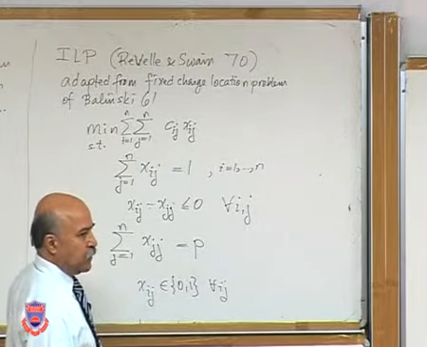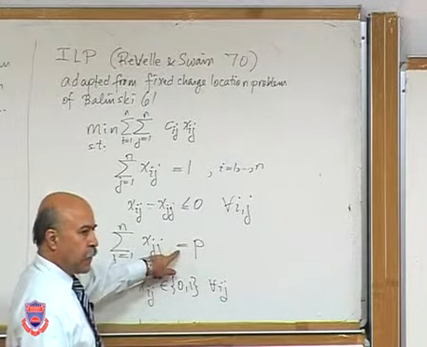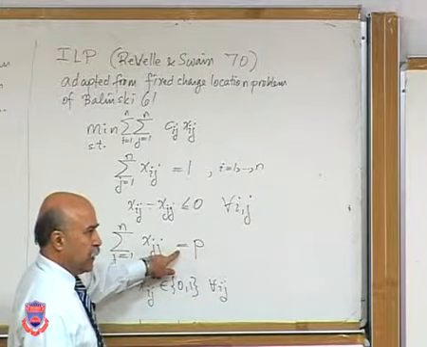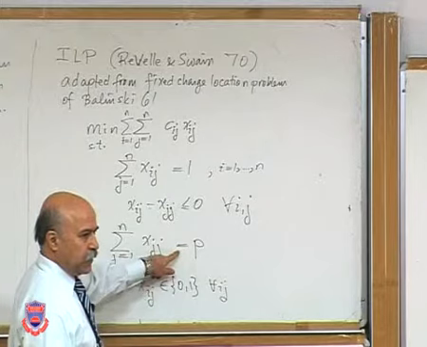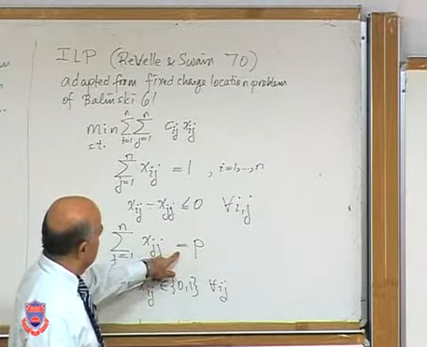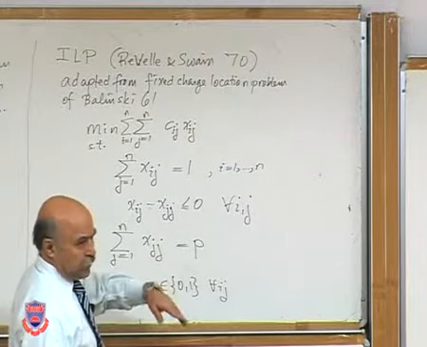Yeah. And changing this equality to less than or equal to will not hurt the solution. But can it give you a smaller number of facilities? Still optimal, no? It can, but in an extreme case, when P is larger than the number of nodes. Well, that's a special case.